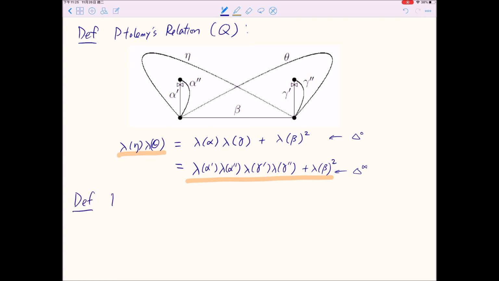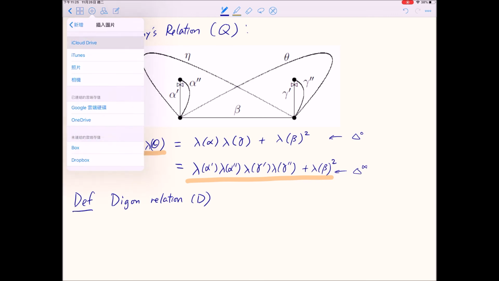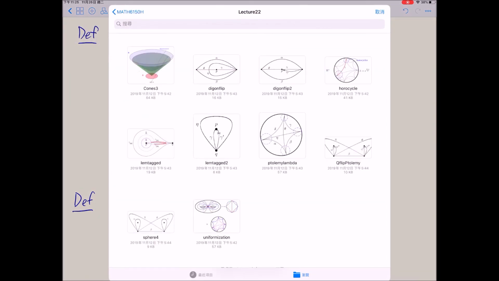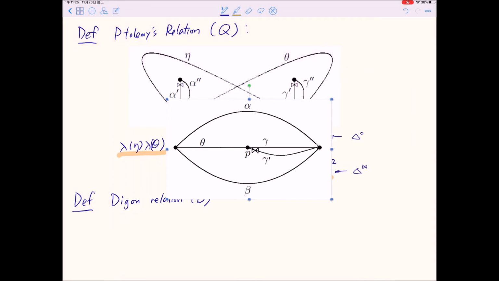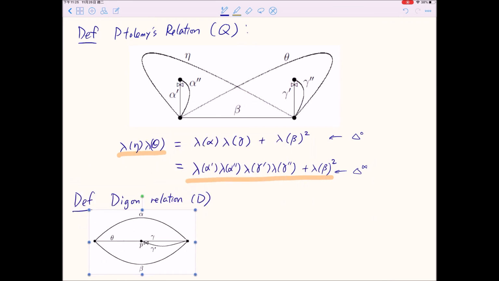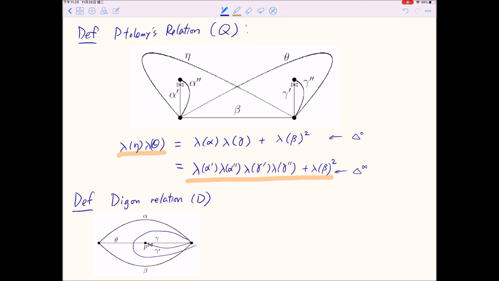And then of course the troublesome diagonal. Now it will be turned to this picture. So previously we have a loop going like this, and now we replace it by the tag arc.